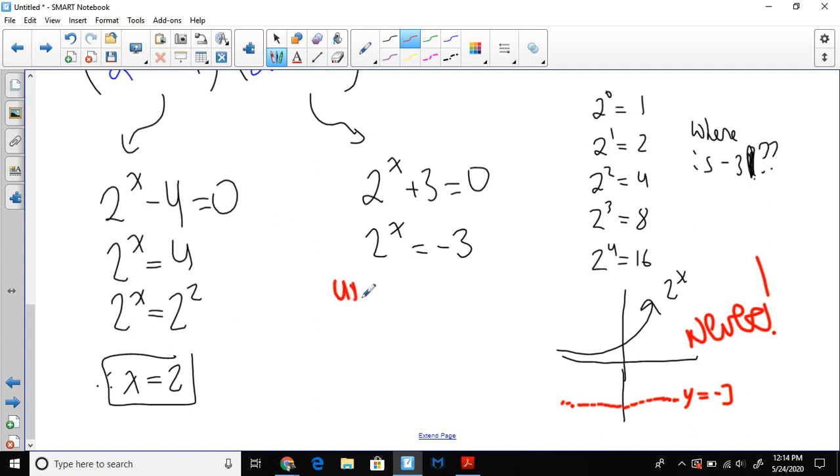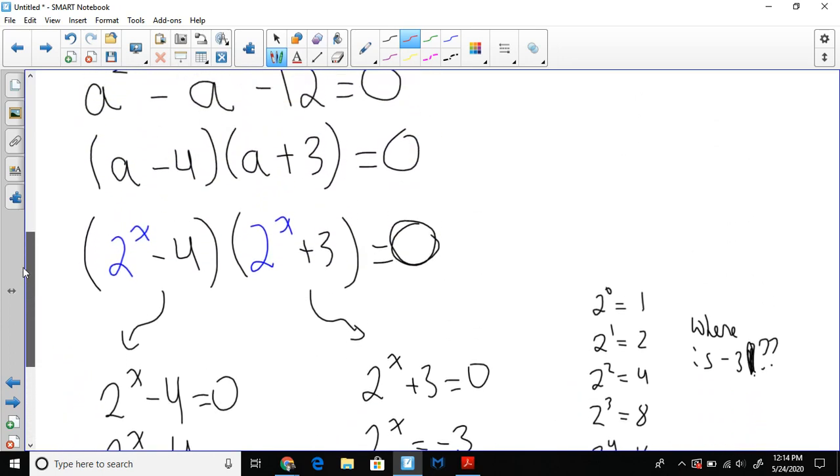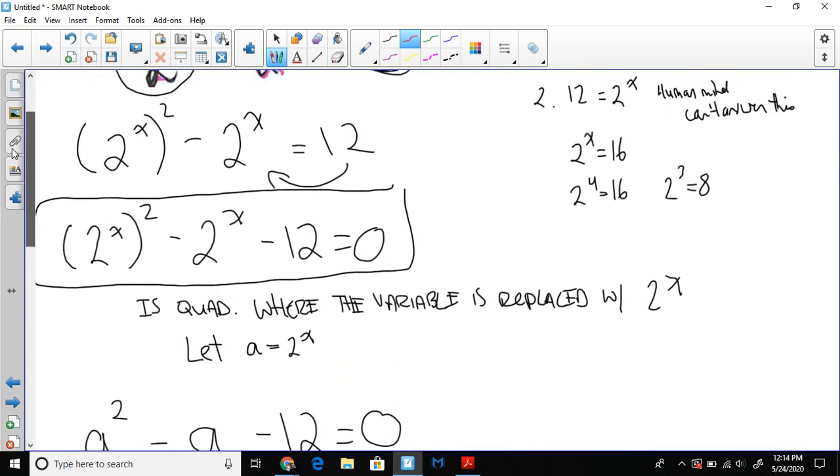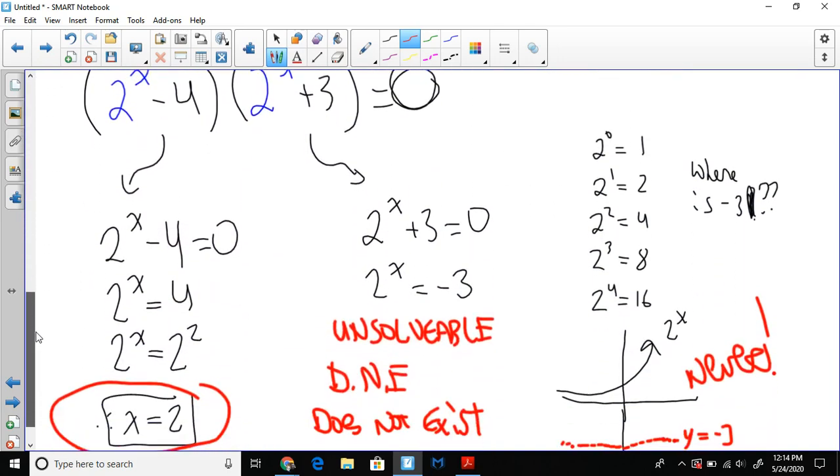So this one is unsolvable, or DNE, which means does not exist. So the only answer is x equals 2. All right. So again, these ones are more thinking style questions, because you're manipulating more of the initial equation than manipulating the bases. So it's a little bit more challenging.